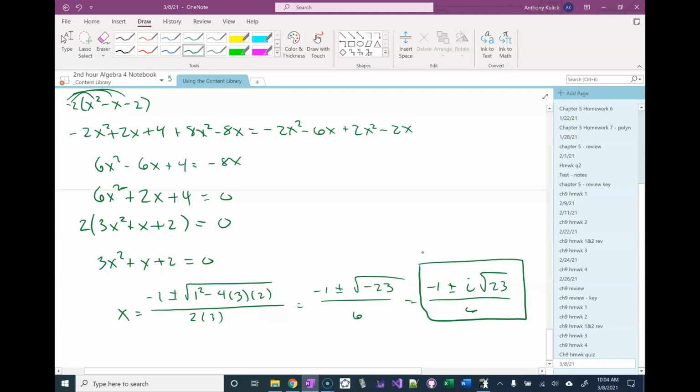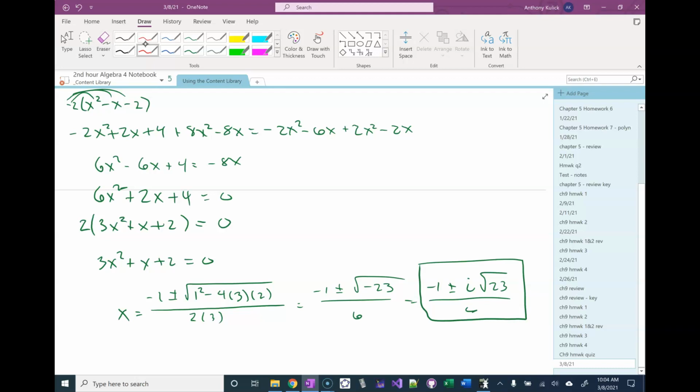Like 4 questions, like 11, 12, 13, 14. Let me go up and look at those ones. Those ones, how do you know whether to use the quadratic formula or solve for x? Well, it depends if you have a quadratic at the end, right? Do you have an x squared at the end?